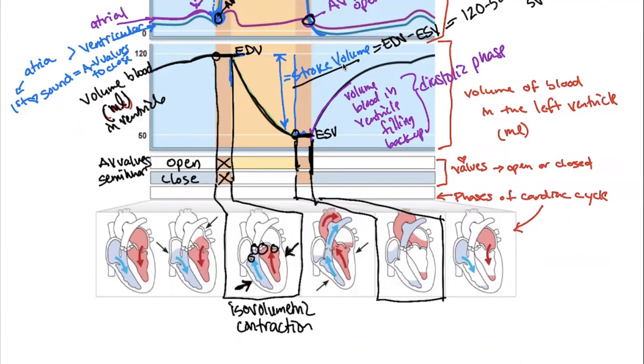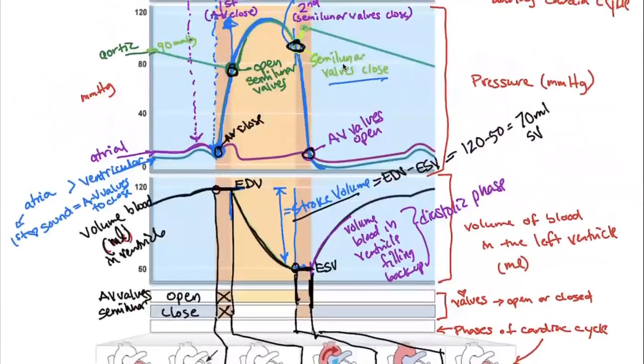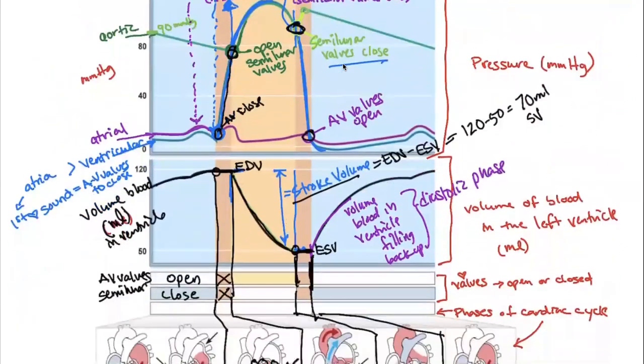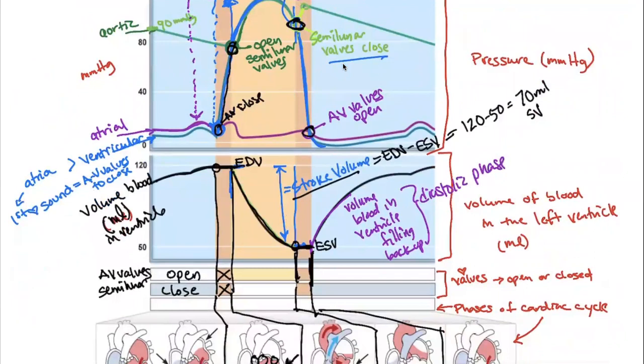The myocardium is contracting. And of course, this is following the QRS, in which the heart's contracting. It's showing that, of course, the pressure is increasing and building during that period, but no blood is leaving, and diastolic volume is the same.